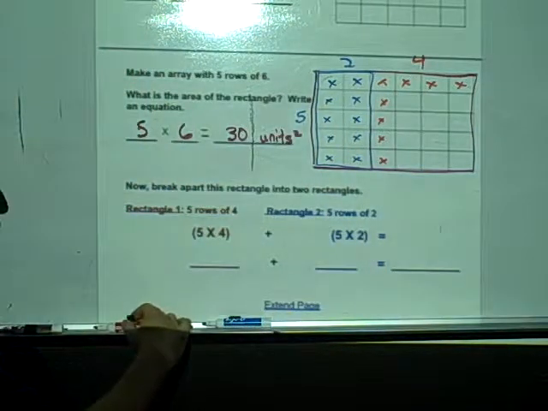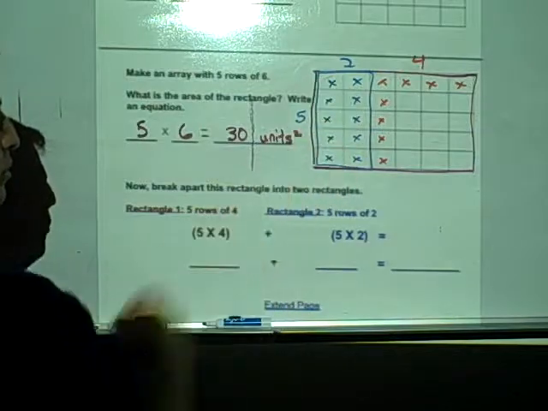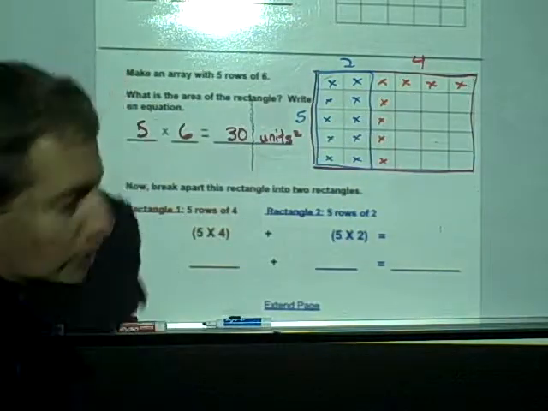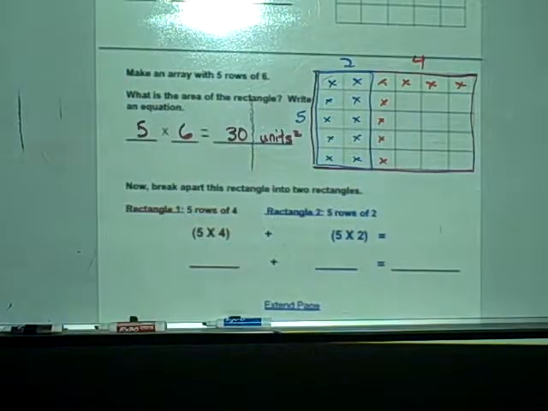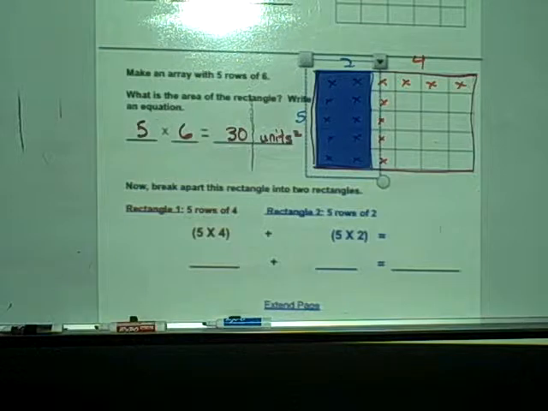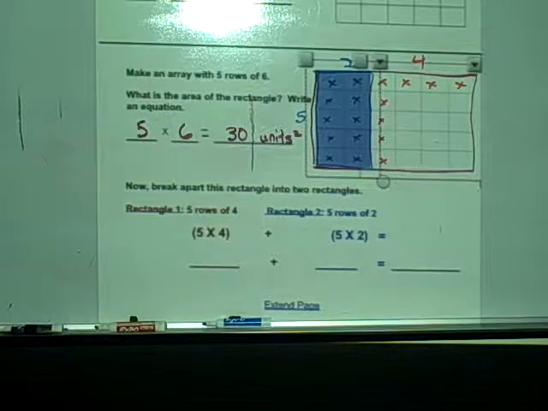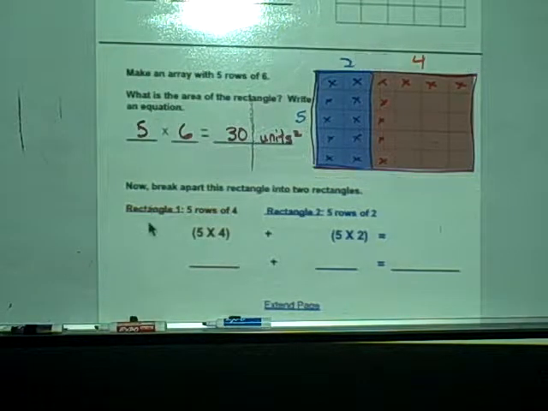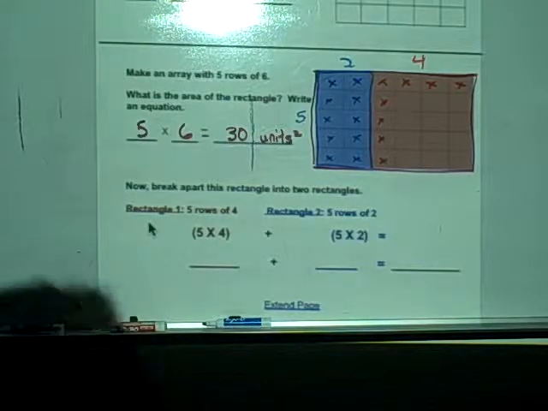Okay? Now all we have to do is figure out the area of the blue rectangle and find the area of the red rectangle. There we go. You should be able to see that a little better now.